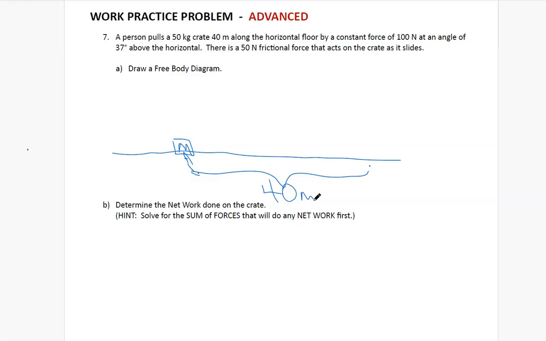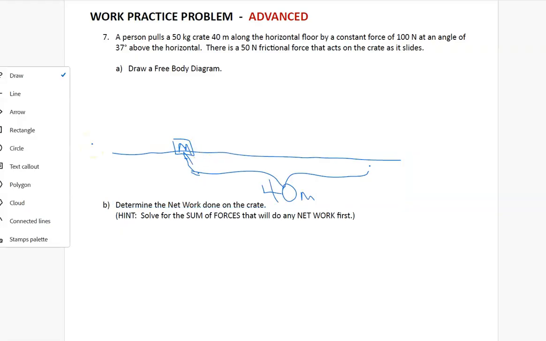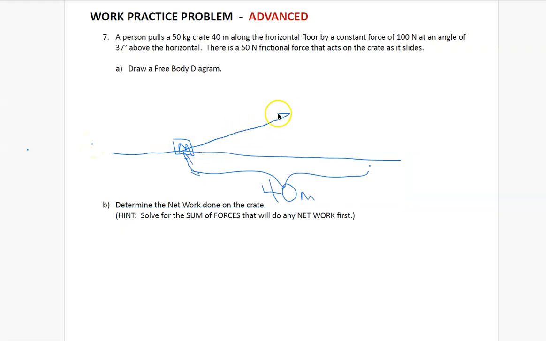It's pulled by a constant force of 100 newtons at an angle of 37 degrees above the horizontal. You can say above the horizontal or above the horizon. So that means we have a force acting on this mass that is at an angle. It's somewhat upward and somewhat across at the same time.